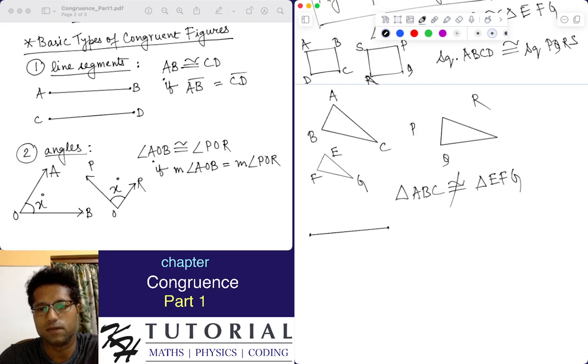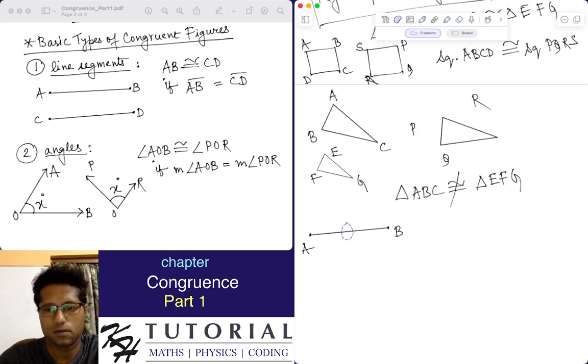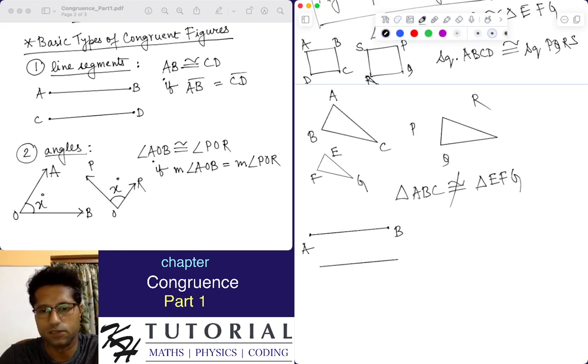A line segment has 2 points, so let's say AB, and if I create a copy, you can see definitely that this line segment CD is of exact length as AB, as I duplicated it.